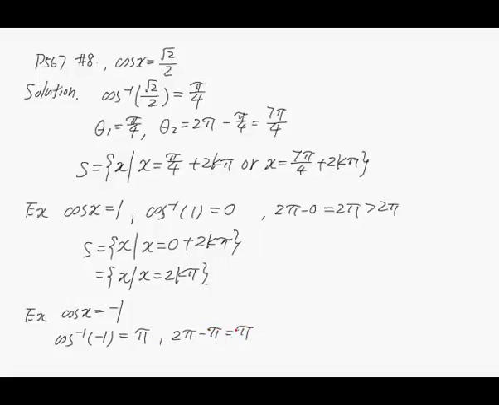So that means between 0 and 2 pi, we have only one angle for which cosine is equal to -1. So now we just need to deal with this specific solution, and then we form the general solution. So the solution set is equal to the set of x such that x is equal to this special solution plus the multiple of 2 pi.